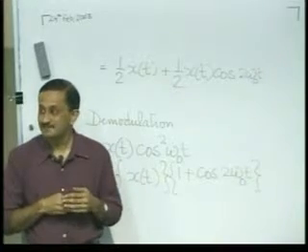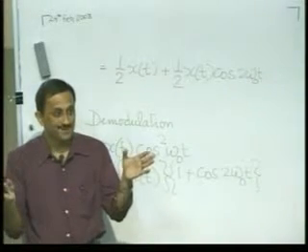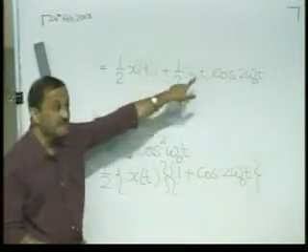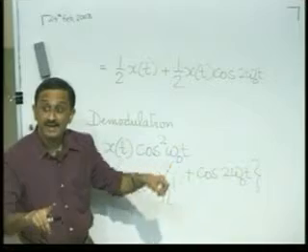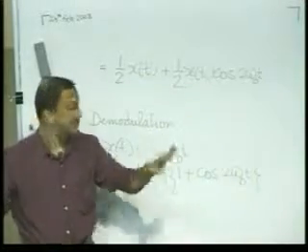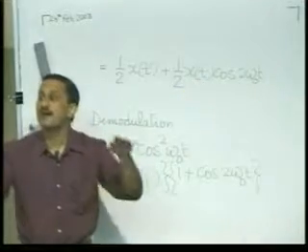That's exactly what we saw. When we demodulate, we get back the original signal and also a version of the signal modulated by a carrier of frequency 2 omega naught. What do we do? We remove this term by passing through a low pass filter.